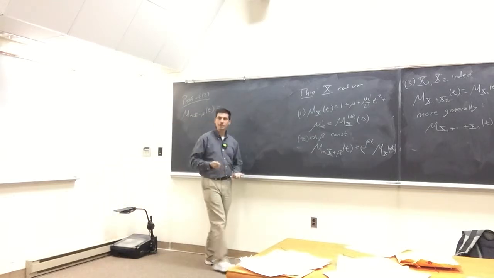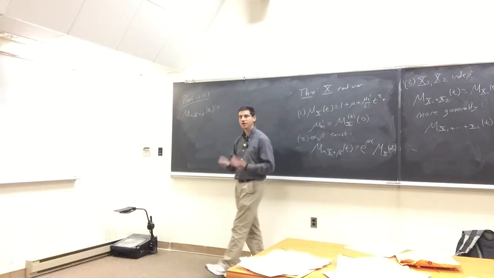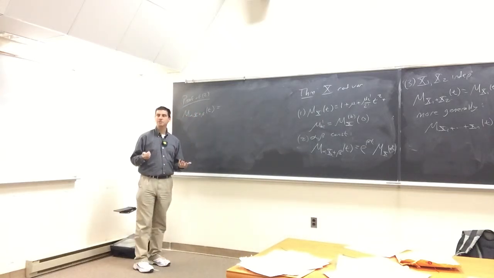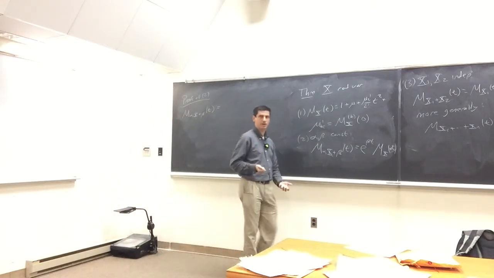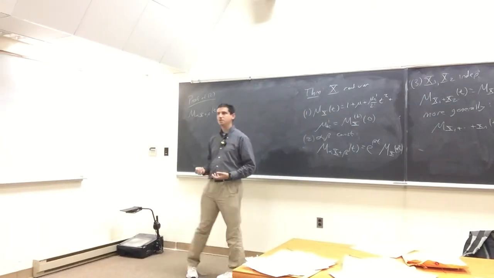When you prove all of your calculus results, all of your calculus rules of differentiation, you always start with the definition of the derivative. Your function a of x might be f of x times g of x, it might be f of x over g of x, it might be f of g of x. You always start with the limit as h goes to 0 of a of x plus h minus a of x over h.